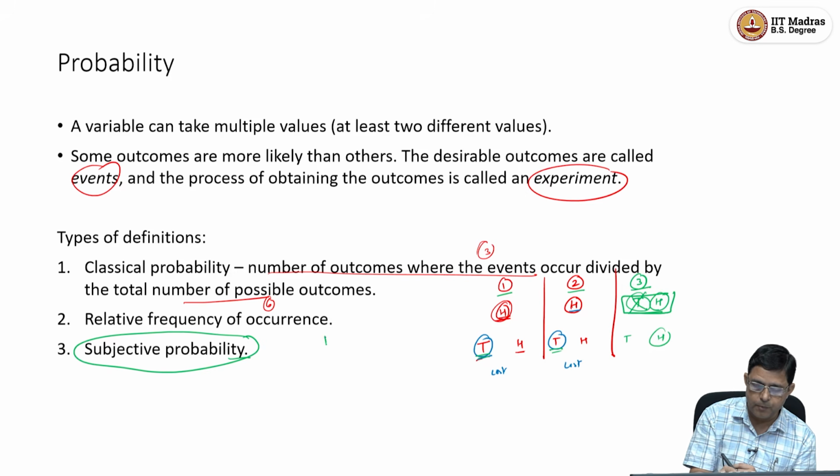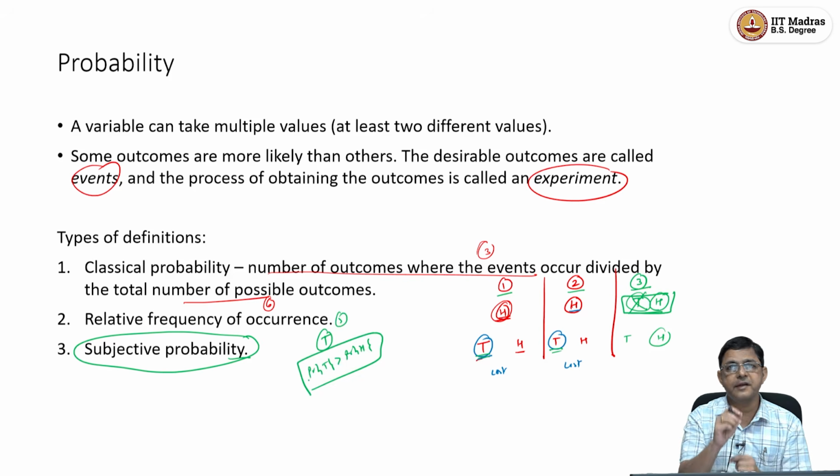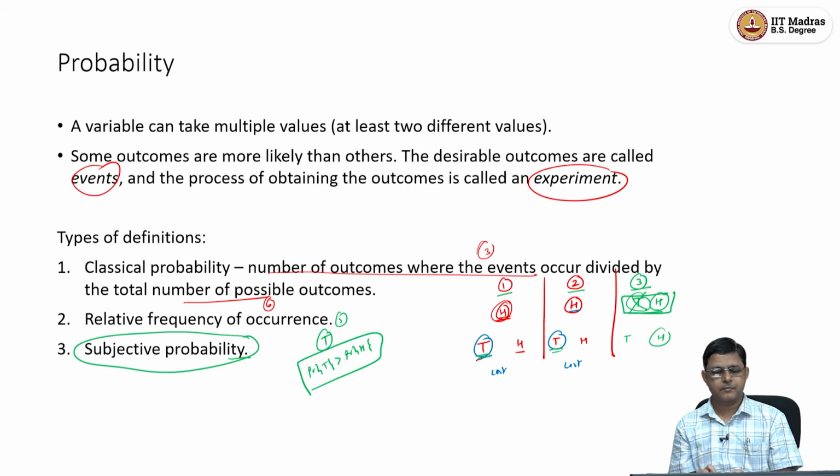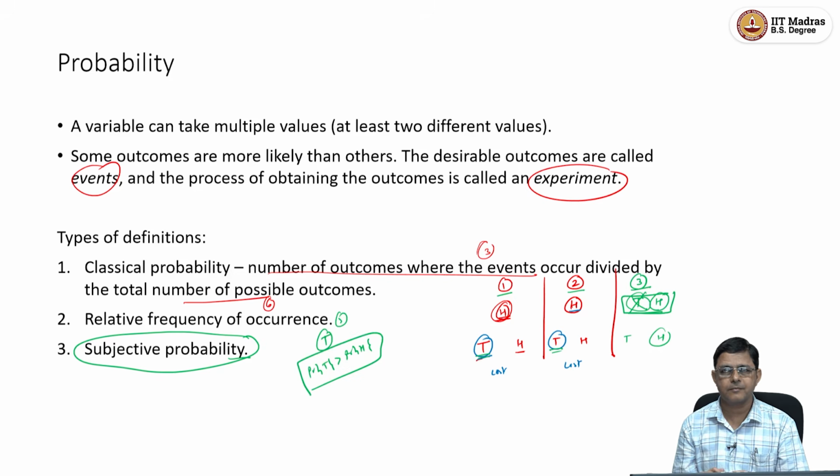If you called out heads in the third coin toss, that means that you assumed that the probability of tail is bigger than the probability of heads.